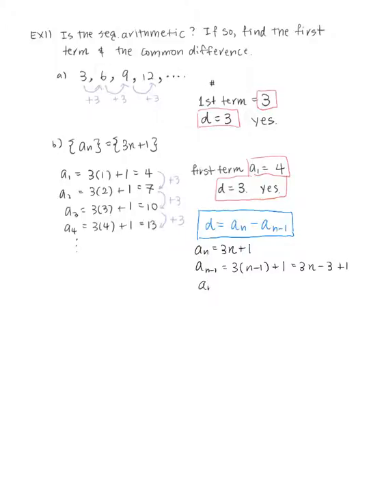So a sub n minus 1 is going to be 3n minus 2. Therefore, our common difference d can be defined by a sub n minus a sub n minus 1, which is 3n plus 1 minus the quantity 3n minus 2. So simplify.